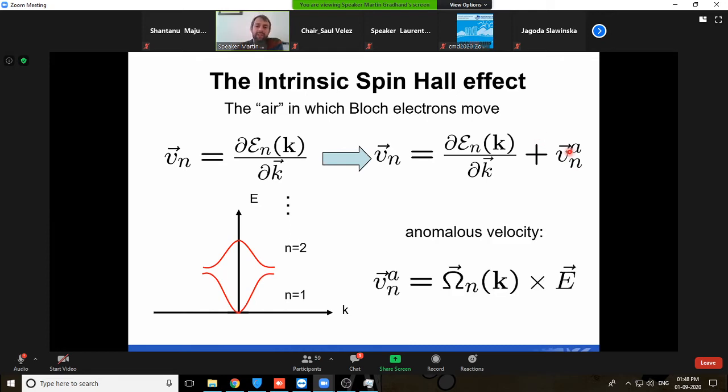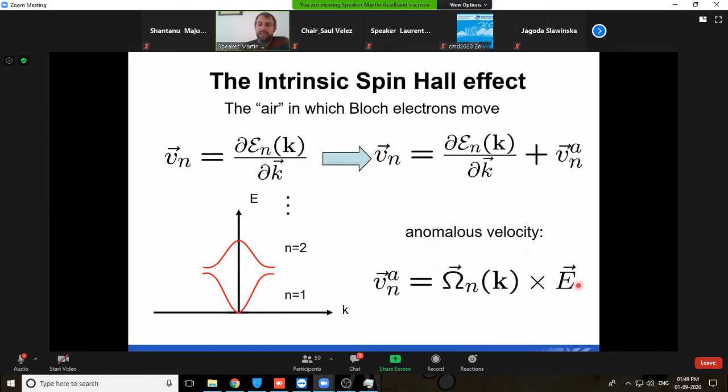And this anomalous velocity is already linear in the applied electric field. This is why it's called intrinsic, because you don't need any scattering. Already the velocity from the perfect crystal is linear in the electric field. The proportionality constant is what is called the Berry curvature. I will come to that expression in a second.